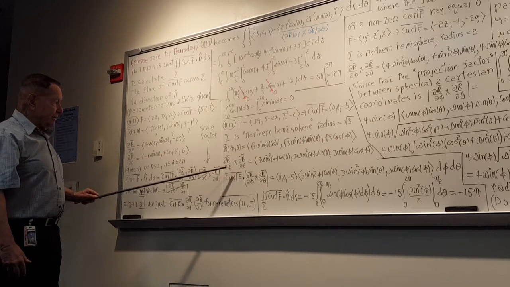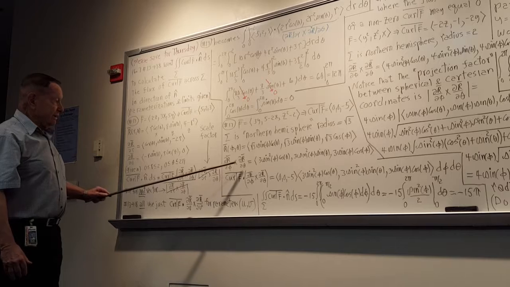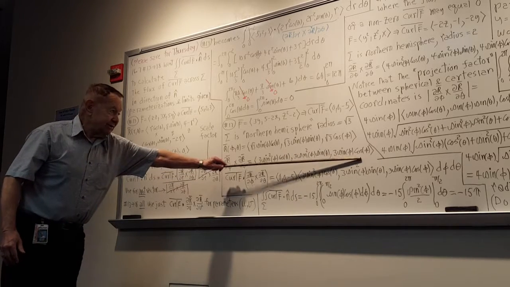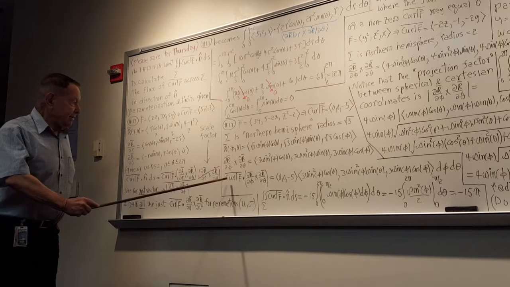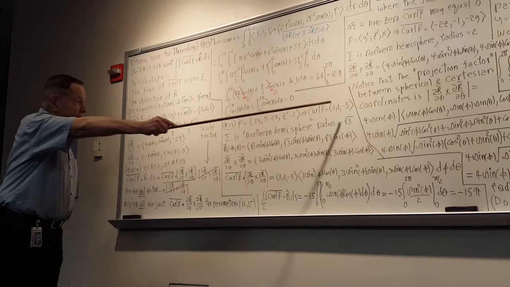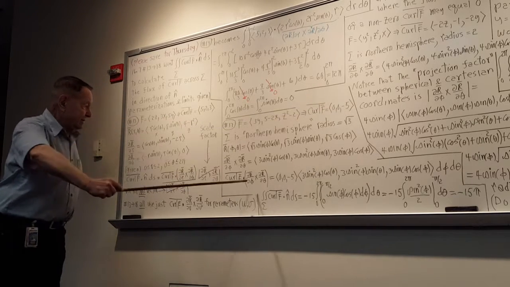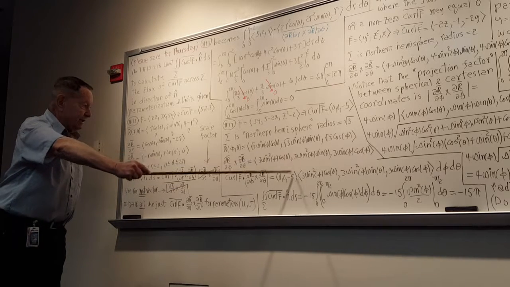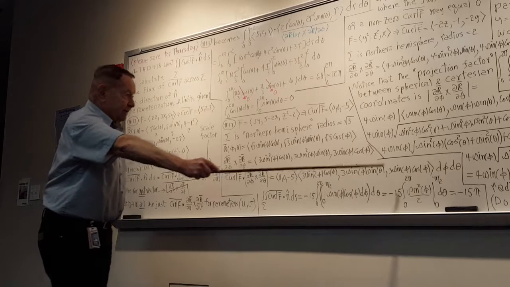And you do your cross product of your partials, and you get this. And then you do curl from here, dot the cross product of the partials from here. So that's what all this is.